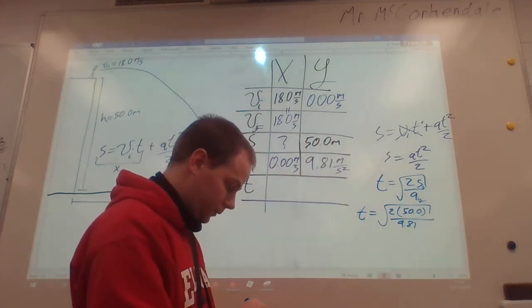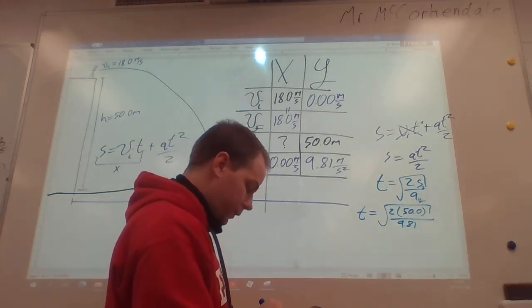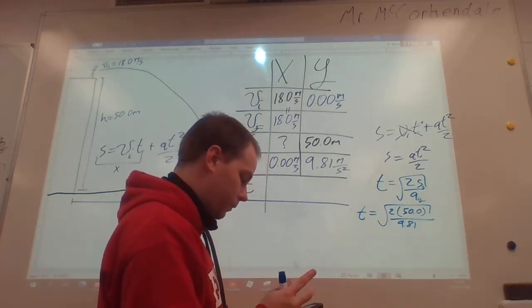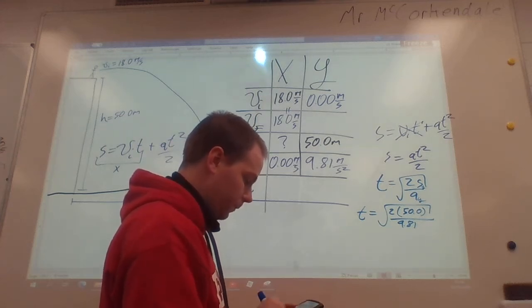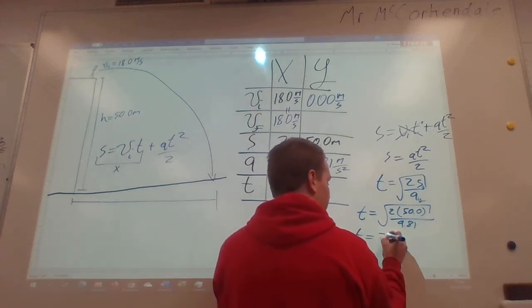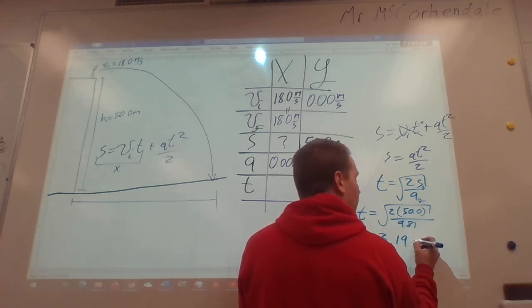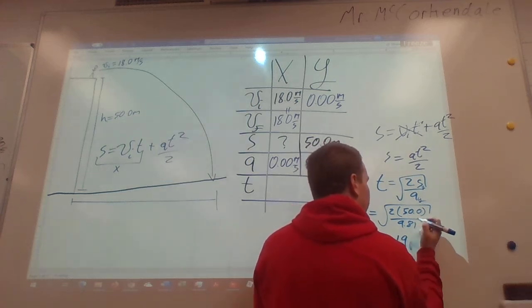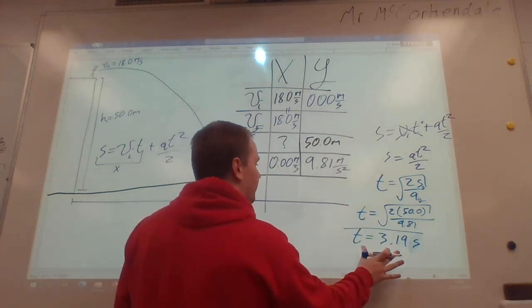The square root of 2 times 50, which is 100, divided by 9.81, gives us a T of 3.19 seconds.